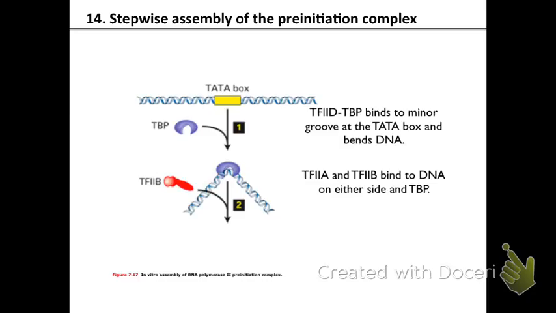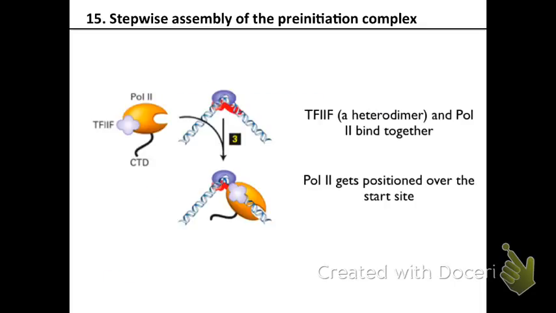How does a protein recruit another protein? It recruits if it has protein surfaces that can interact with the other proteins, right? So that's what we call, when I say recruitment, that's what I mean. All right. So you have this TBP, TFIIA, TFIIB, and those proteins, what they do is they recruit the RNA pol II TFIIF complex. TFIIF is a heterodimer of two proteins, and with RNA pol II, it recognizes this TBP complex at the promoter, and it binds.